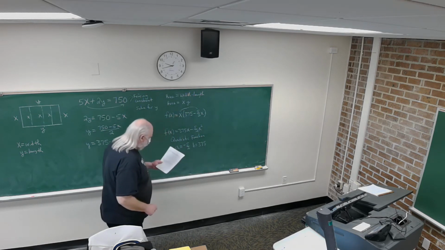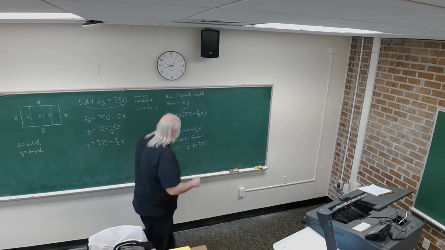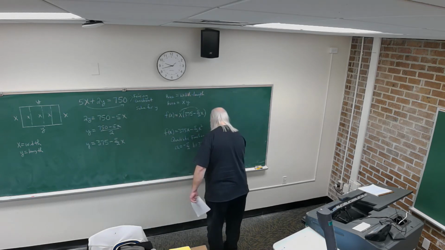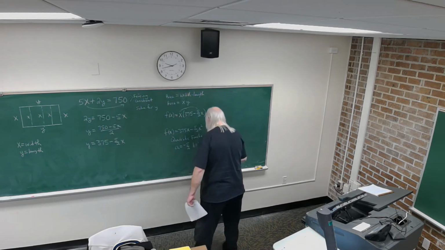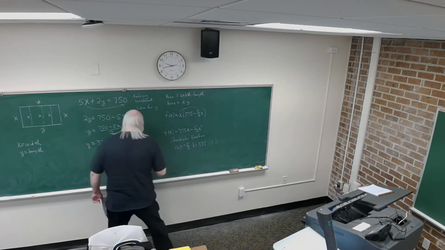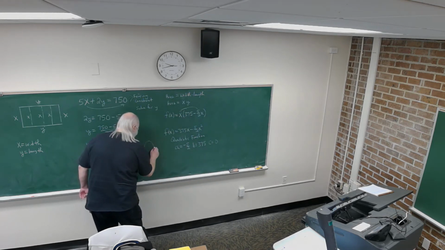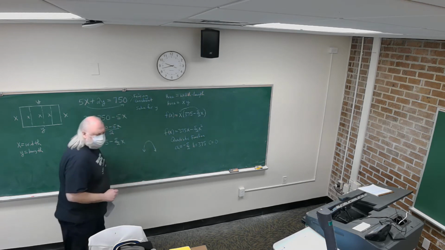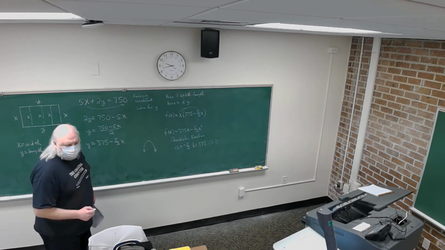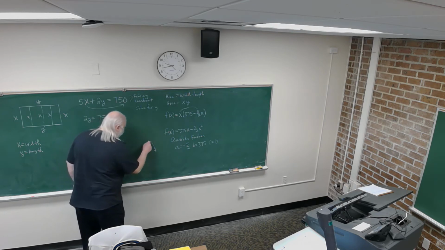And the constant c is 0. So because a is negative, you know the graph is a parabola that opens down. So this quadratic function has a maximum.